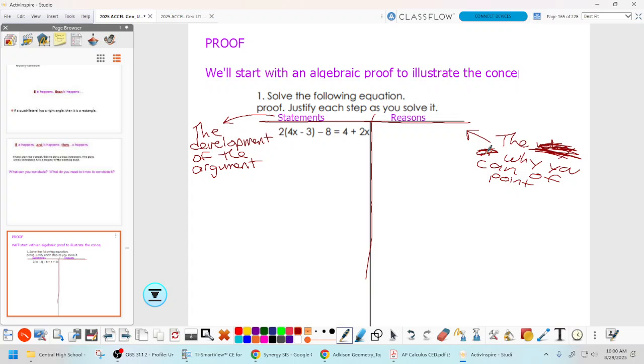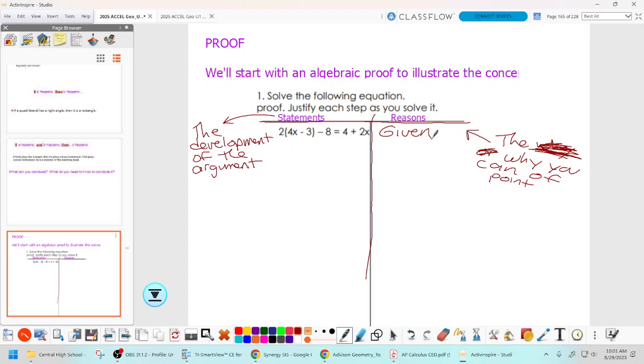What allows you to do that? What allows you to draw that conclusion in a sequential manner? Theorems. So, you will start with the given. All your proofs will say that, and you'll be given something. In this case, you were given this equation. In our geometric proofs, you can already look at the sheet I handed you. Do you see how it says given on there?